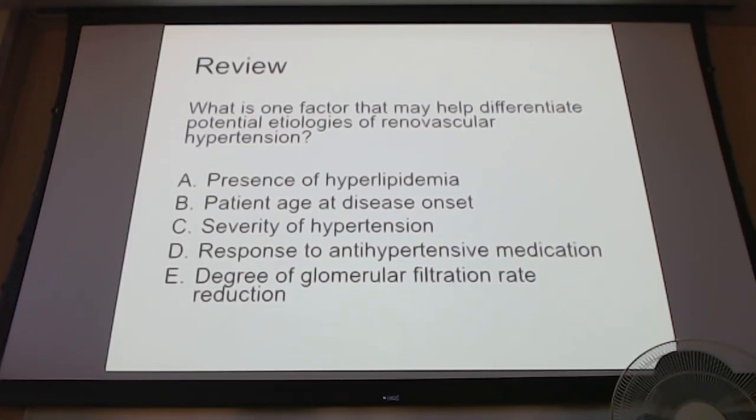Now, the classic presentation for somebody with fibromuscular dysplasia is someone on 4 antihypertensive agents, but you can have somebody with atherosclerotic renovascular disease who's on multi-drug refractory antihypertensives as well. So the only one of these that's going to help you potentially differentiate between the two of the options listed is hyperlipidemia.